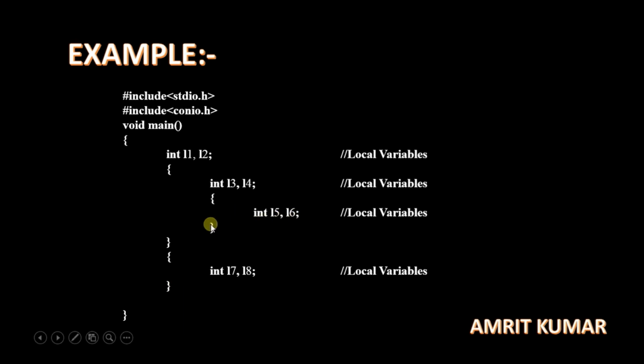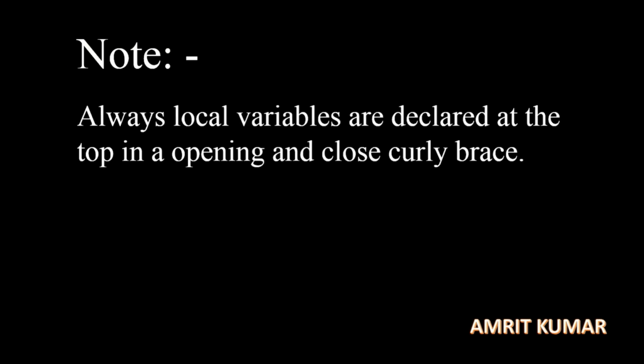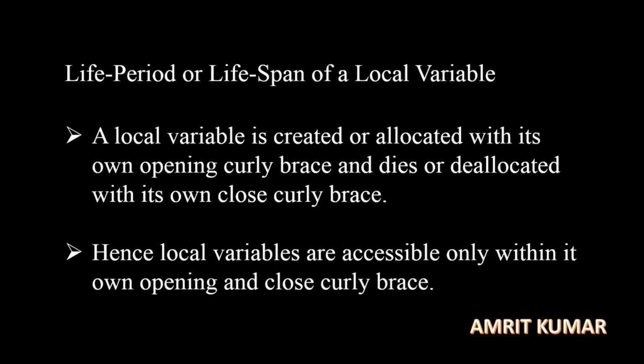I5 and I6 will be alive within theirs, I3, I4 within theirs, and I1, I2 within theirs. So this is the life period, or we can say life scope, of a variable. This was the first point of the local variable.